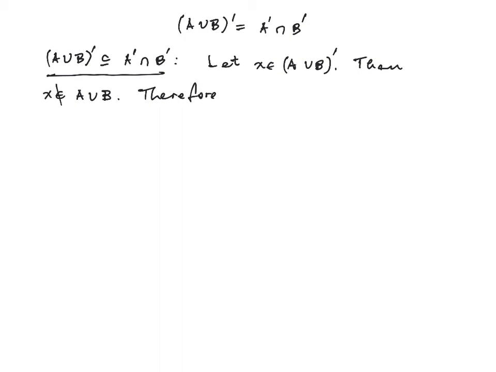Therefore, it's not true that X is a member of A or X is a member of B. Now, if we look at this formulation, we're saying that it's not true that something happens or something else happens.